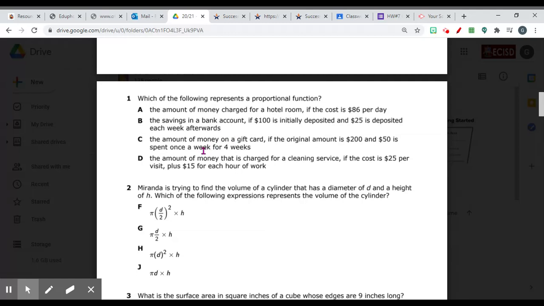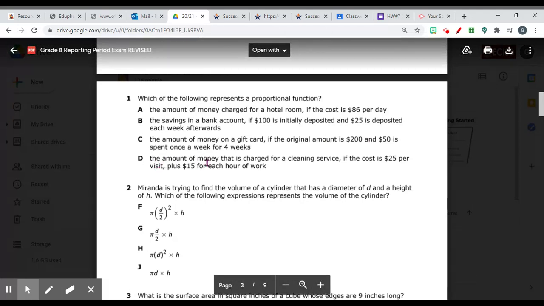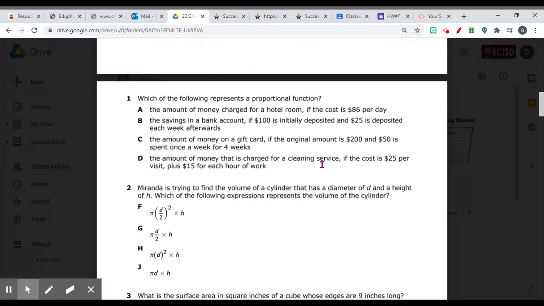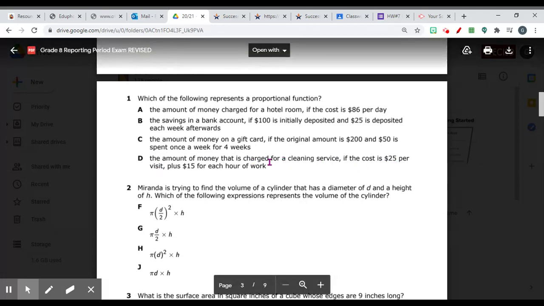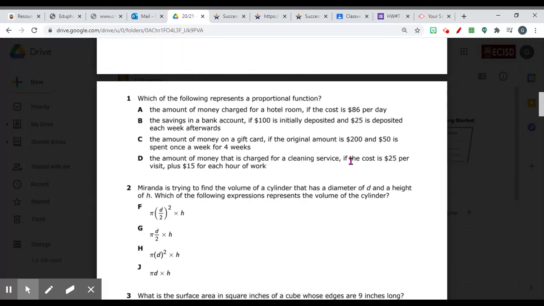C, the amount of money on a gift card if the original amount is $200 and $50 is spent once a week for 4 weeks. Or D, the amount of money charged for a cleaning service if the cost is $25 per visit plus $15 for each hour of work. Which of these represents a proportional function?